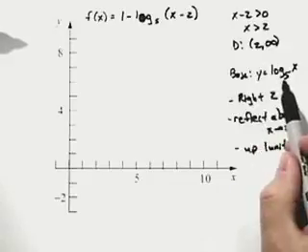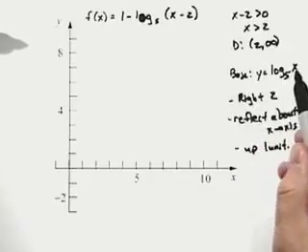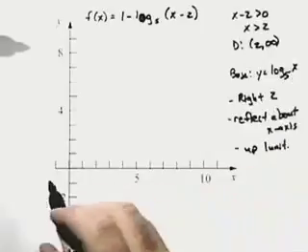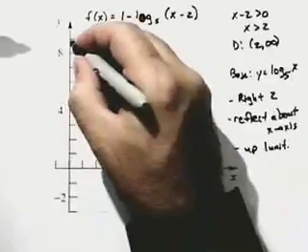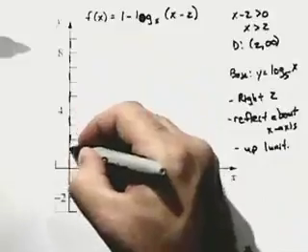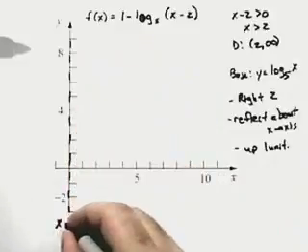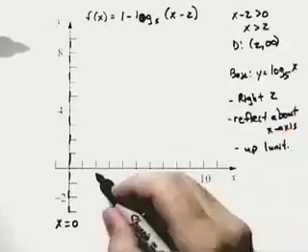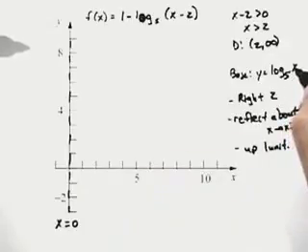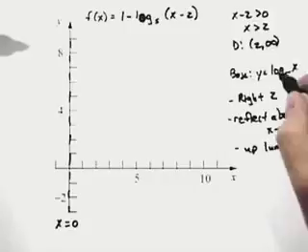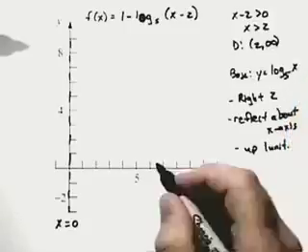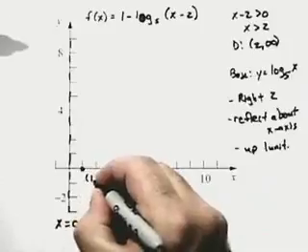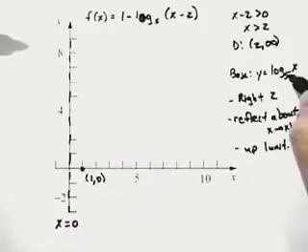So we'll start by graphing our base function, y equals log base 5 of x. We know that this base function will have a vertical asymptote at x equal to 0. And if we plot a couple of points to give us the shape of our graph, we pick the value 1 for x. Log base 5 of 1 is 0. So we'll have the point 1, 0.